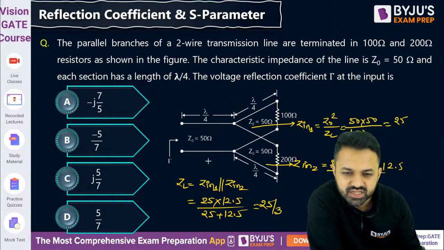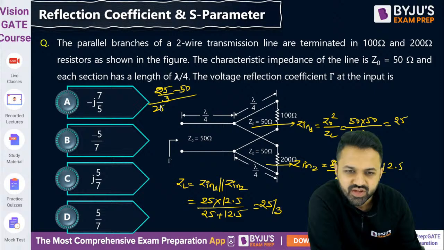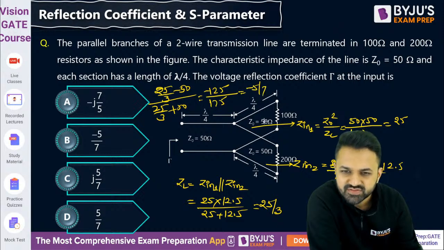So now 25 by 3 minus 50 divided by 25 by 3 plus 50. So it is 125 with minus sign, and 175 with plus sign. So you are getting minus 5 by 7 at load.